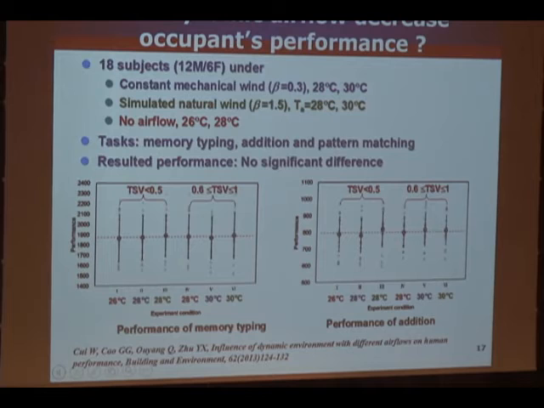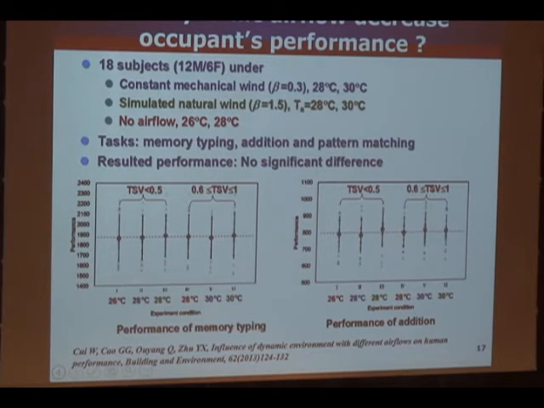Of course, the temperature differs. The color here shows the different kind of wind. In this experiment most people vote neutral, and here people vote slightly warm. But you can find that no matter the task, memory typing, addition, or pattern matching, their performance is not very different.